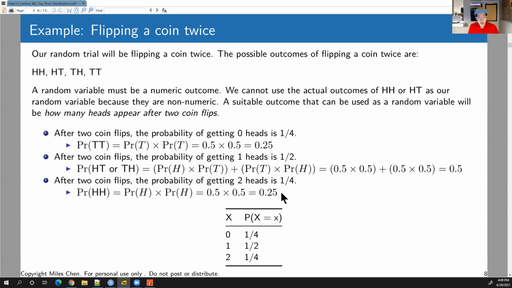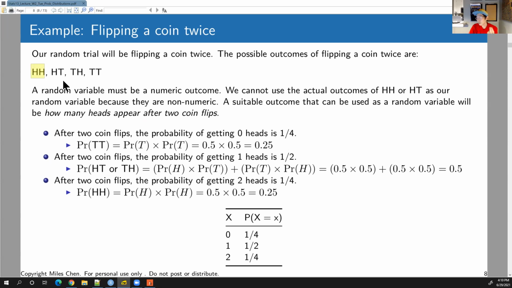Our probability distributions can get just a tiny bit more complicated, and we can say, let's flip a coin twice. Again, our coin can land heads or tails. If we flip the coin twice, we can say, how many times does the coin land heads? Again, we don't want to record heads or tails because those are not numeric.